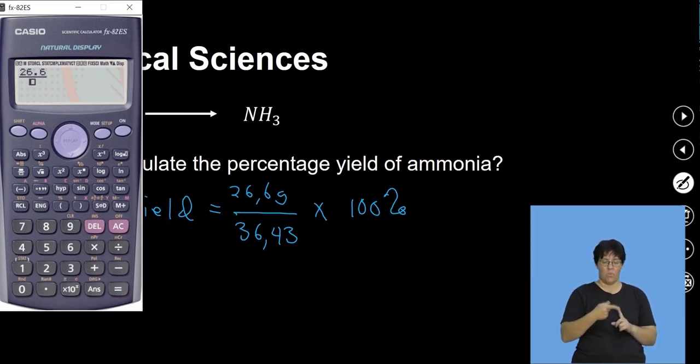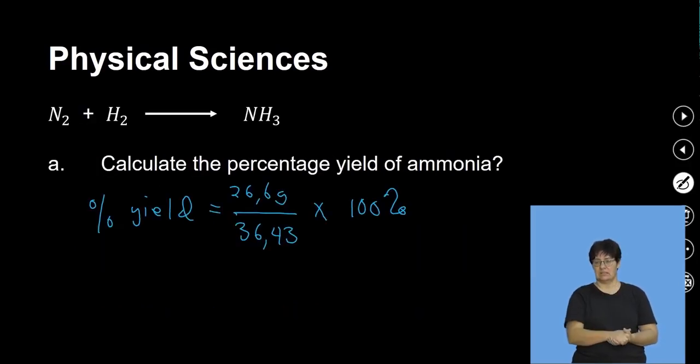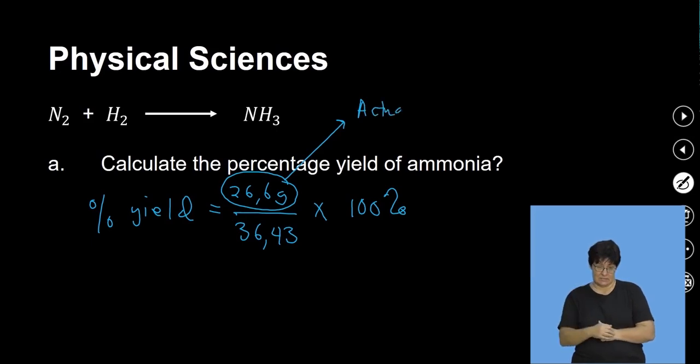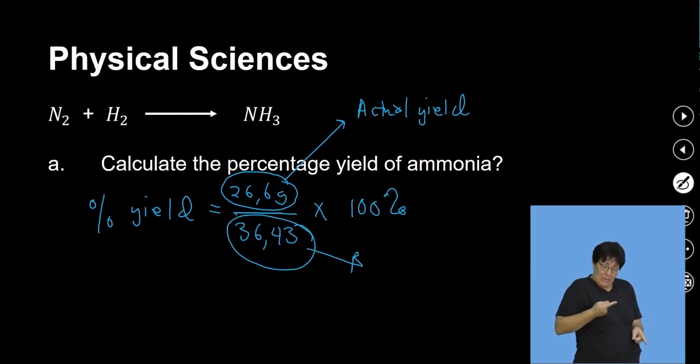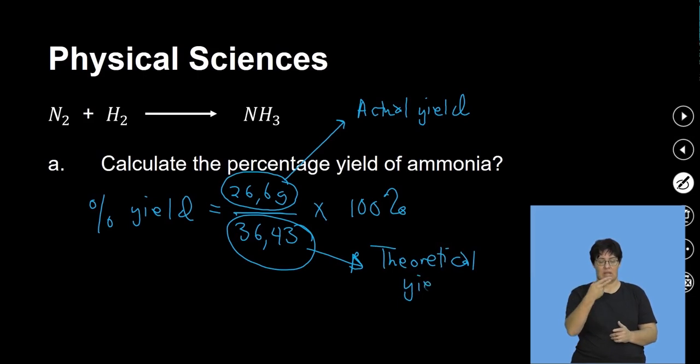So this 26,6 is the actual yield. This is what was obtained. And then this is our theoretical yield, the one that we determined from the stoichiometric ratio. Just to put things into perspective.